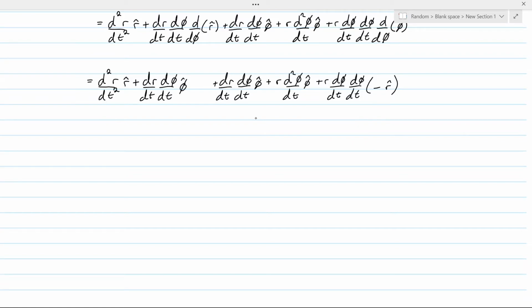And now we can factor out the unit vectors. Two of them, and there's a minus sign. Carry two.